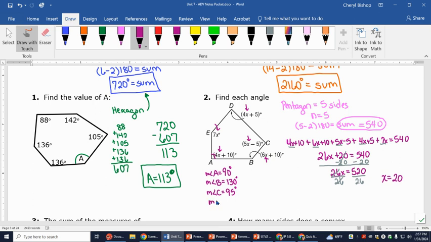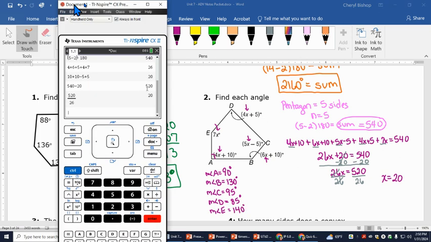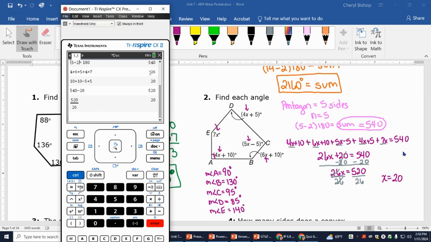The measure of angle D is 4 times 20 is 80. 80 plus 5 is 85 degrees. And the measure of angle E is 7 times 20, which is 140. We can check this: all 5 of these angles should have a sum of 540.